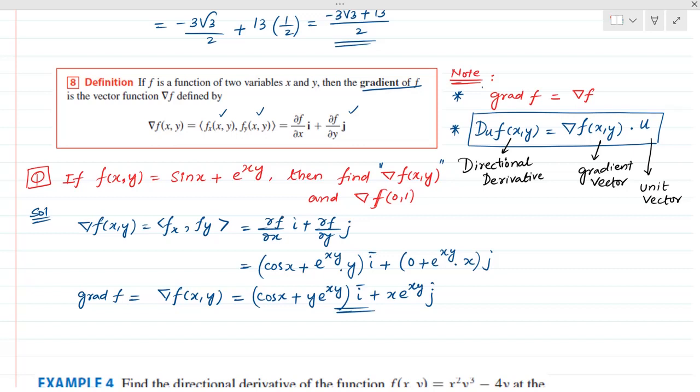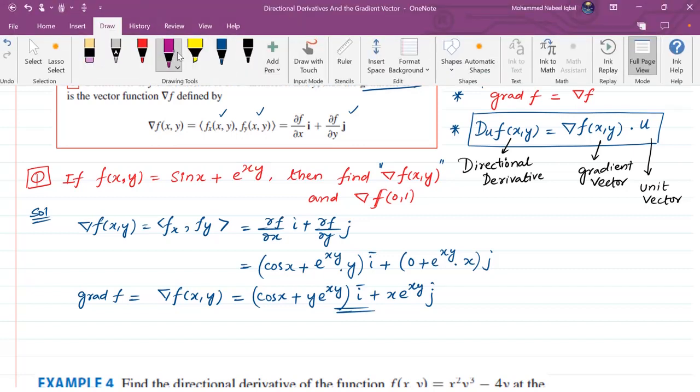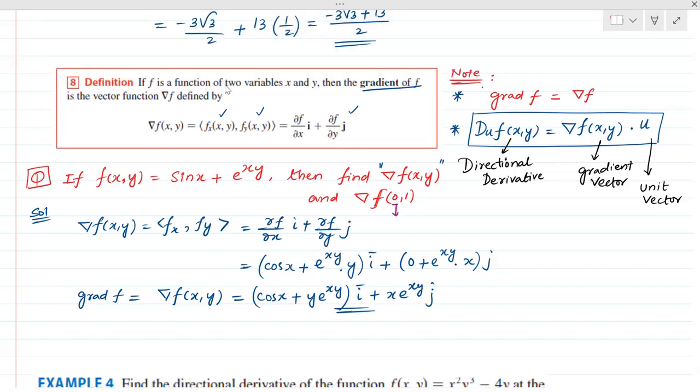Now, in order to calculate the next one by substituting the value, you have to replace x equal 0, y equal 1. So you will find del f of 0 comma 1. X value 0 means cosine 0 is 1, plus y which is 1, times e to the power 0, so that is the i vector.